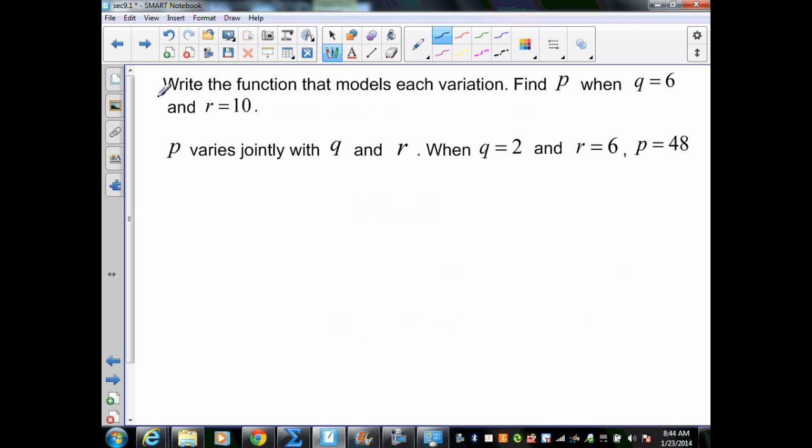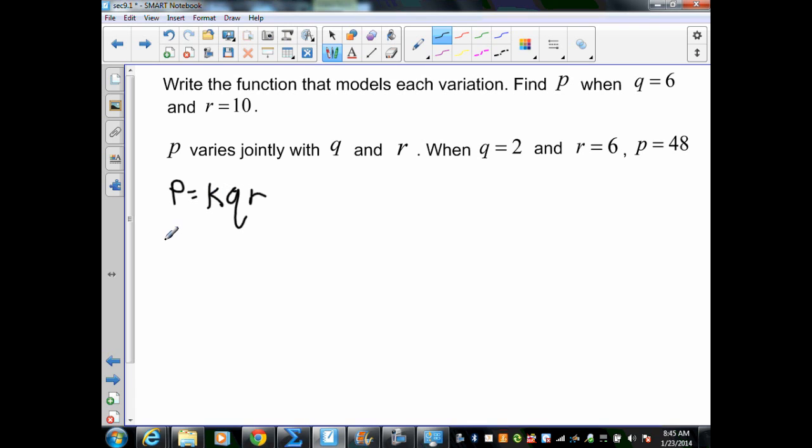Let's take a look at some examples. Here I want to write the function that models each variation. Find P when Q equals 6 and R equals 10. From this statement I have P varies jointly with Q and R. Therefore, I can write P equals KQR. Now I'm just going to substitute the known values in and solve for the unknown constant of variation.